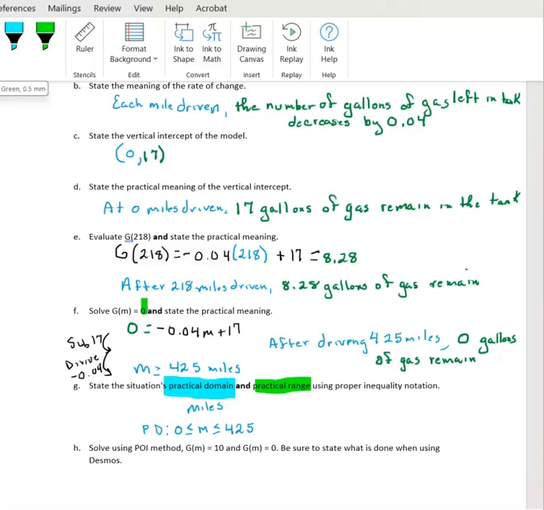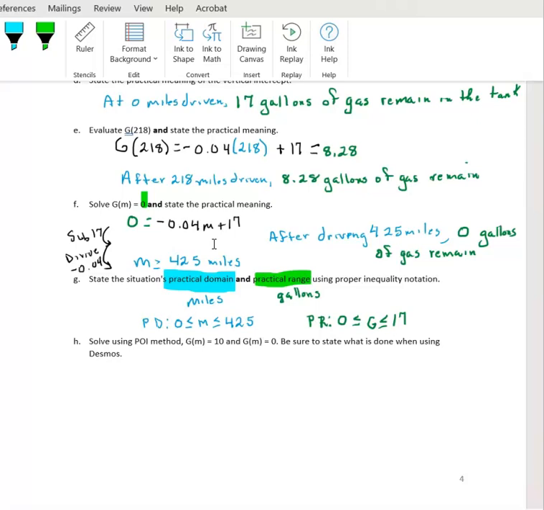The practical range is the gallons, and it goes from when we run out of gas with 0 gallons remaining. The variable for the number of gallons is G, and we started with 17 gallons in the tank.